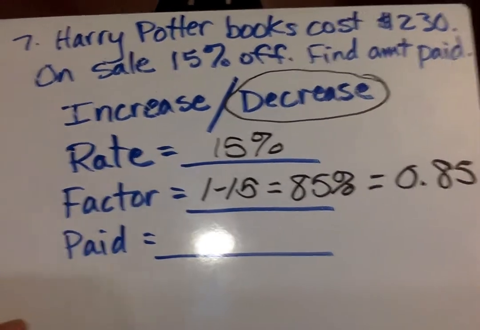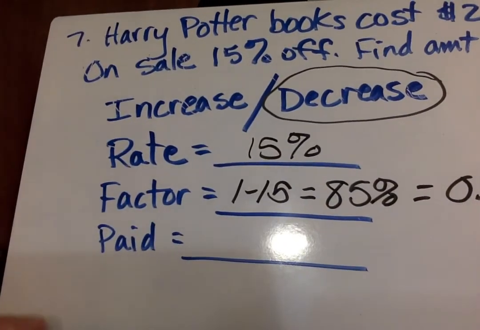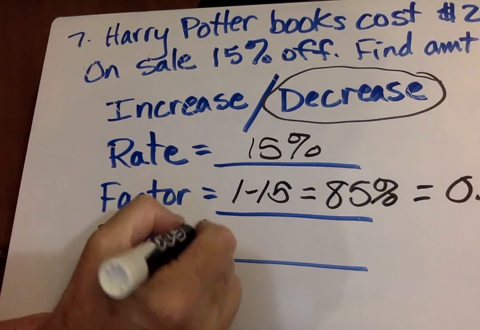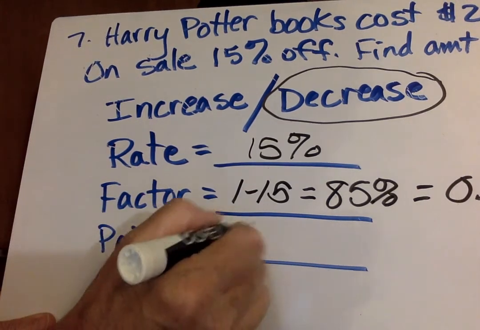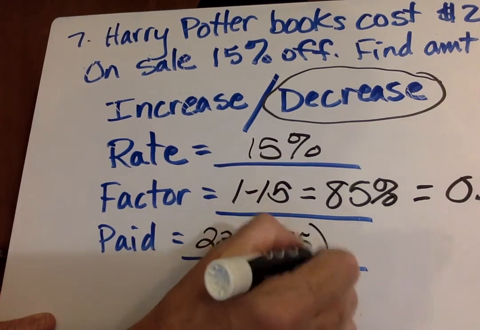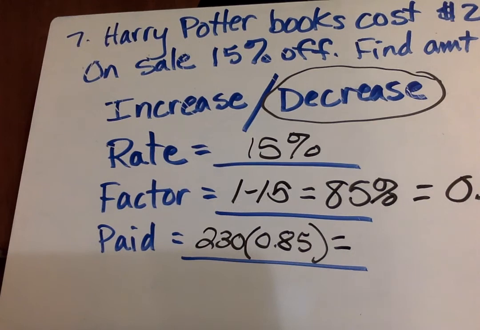So what you paid is $230 times 0.85, and that equals, get my handy dandy calculator, $195.50.